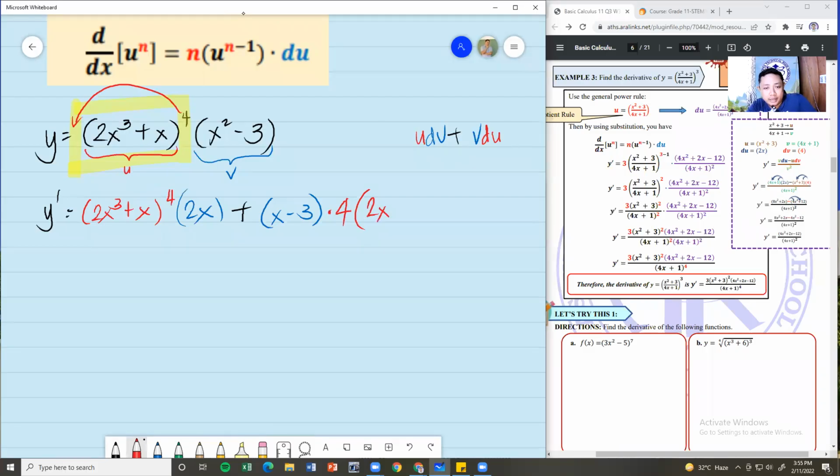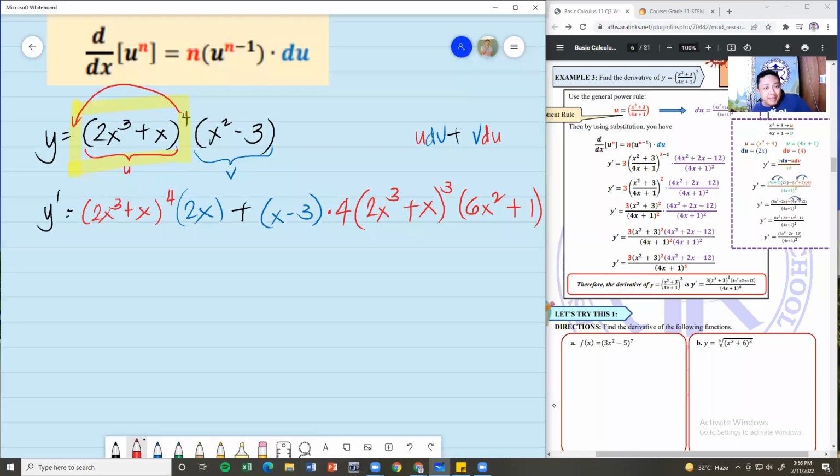That becomes 2x cubed plus x. And then subtract 1 from the exponent. That's 3. Can you follow? And then we multiply the derivative of your inside function. So this becomes 6x squared plus 1. Show me a reaction if you got the process up to that part.